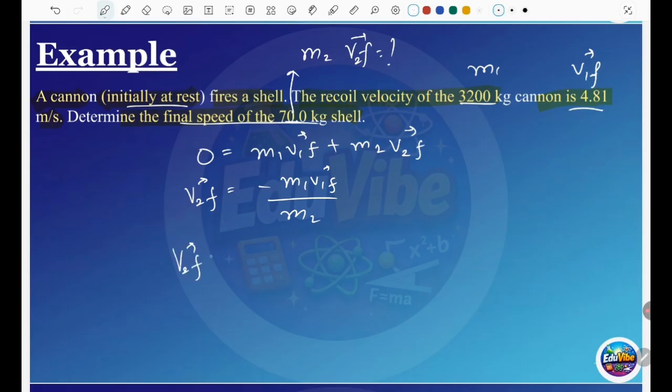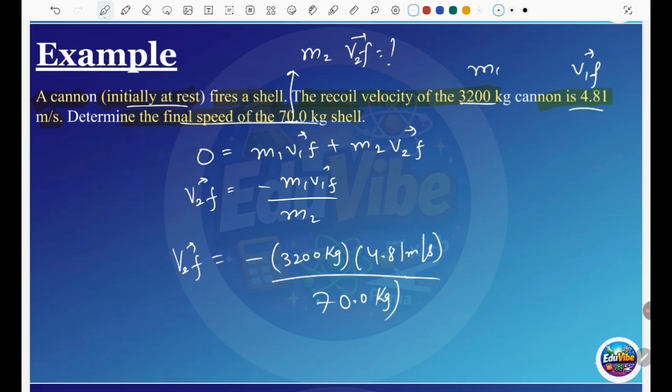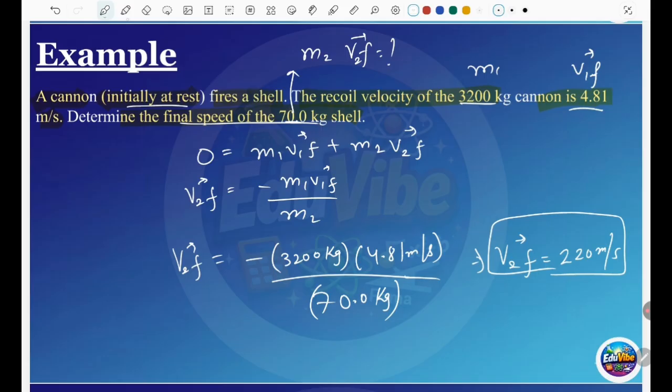Mass 1 is 3200 kg, v1f is 4.81 meters per second, upon mass 2 which is 70.0 kg. When you calculate, you get v2f of about 220 meters per second. So this is the easy kind of question on explosion.